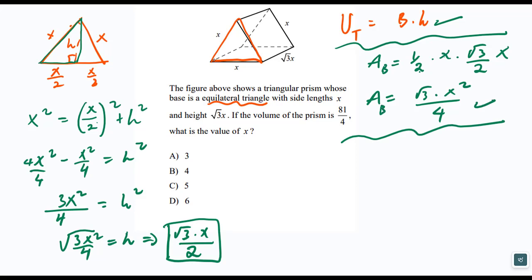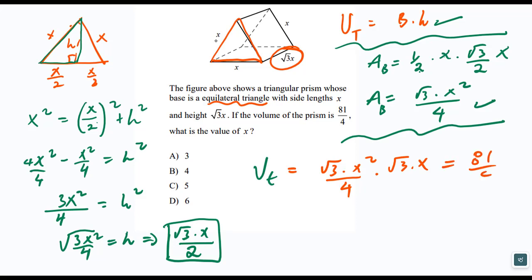So my Vt is going to simply be equal to the area of the base, which is the square root of 3 times x squared over 4, times the height, which in this case is the square root of 3 times x, and that is going to be equal to 81 over 4.